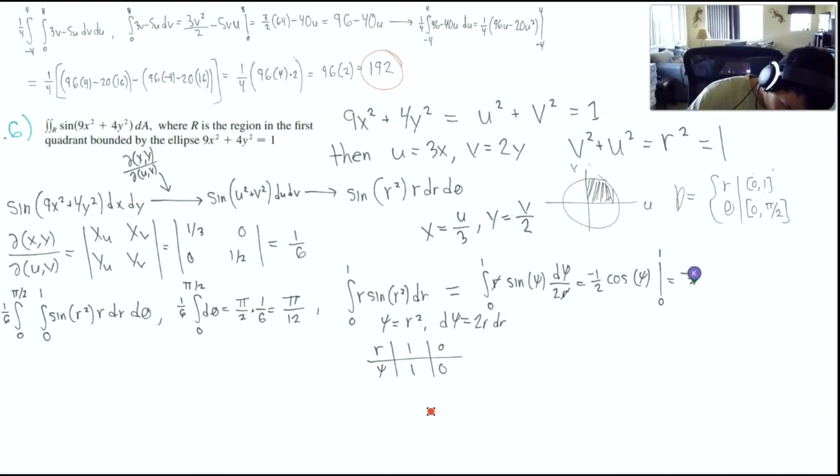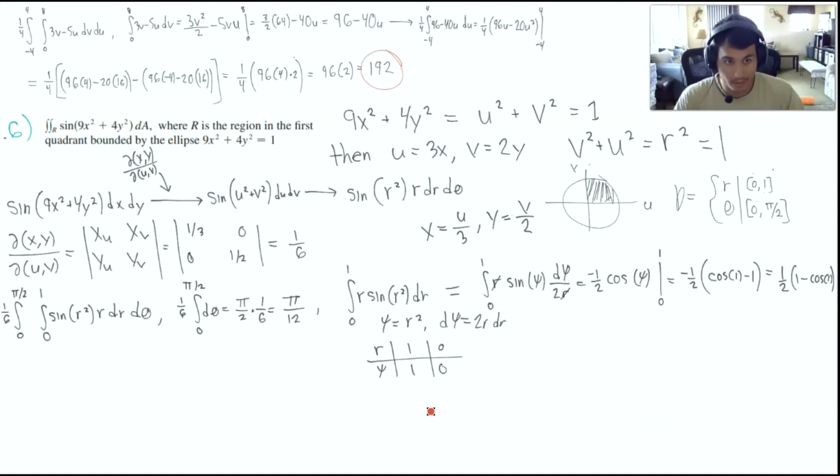The same thing as negative 1/2 cosine 1 minus negative 1/2 cosine 0, which is the same thing as 1/2 times 1 minus cosine 1. We just have to make it look better because that's unacceptable to write it this way. On a test, I always write it that way just to piss off the graders and my teachers. But when you're doing homework, write it this way because it looks better.